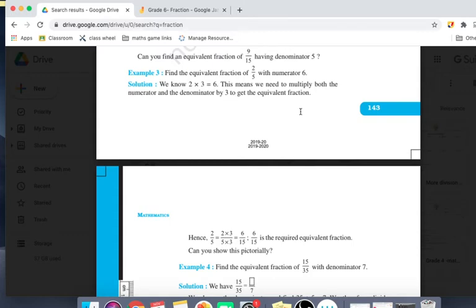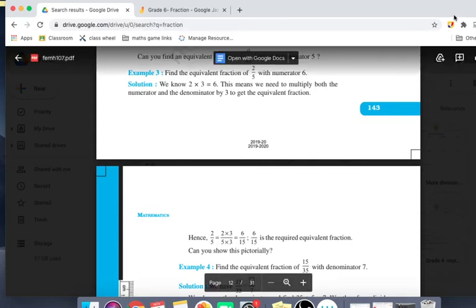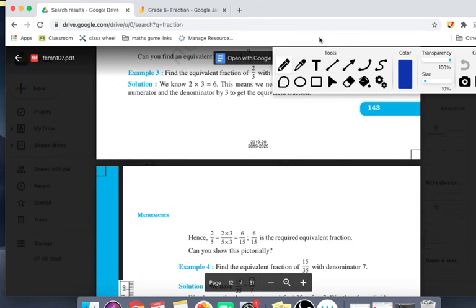Done? Okay, let's check the answer. As the question is saying 15 divided by 35, and we want 7 in the denominator, what would be the numerator is your question.